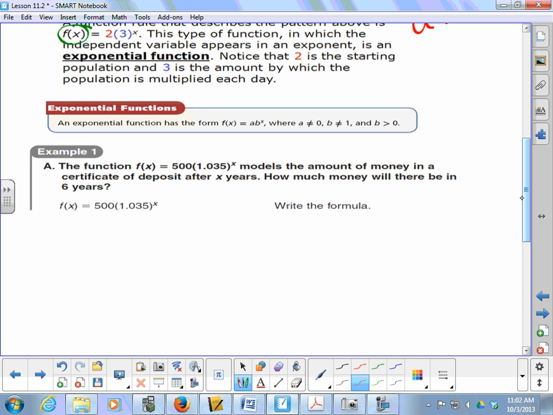Now, I have one question for you. What does the 1.035 mean? It's part of the problem, of course, but what does it mean?